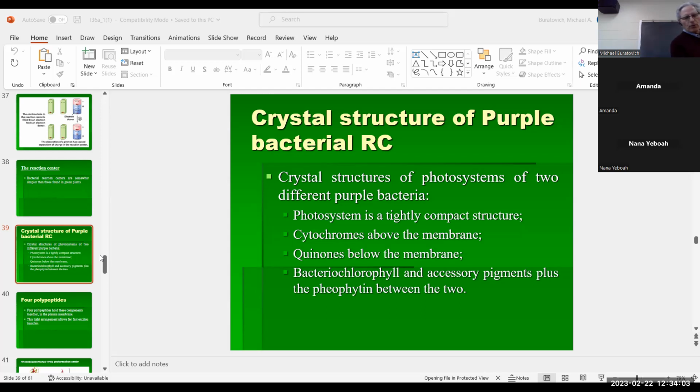These do not use water. These use hydrogen sulfide. So they'll either oxidize sulfide to elemental sulfur, or they may oxidize it further to sulfate.